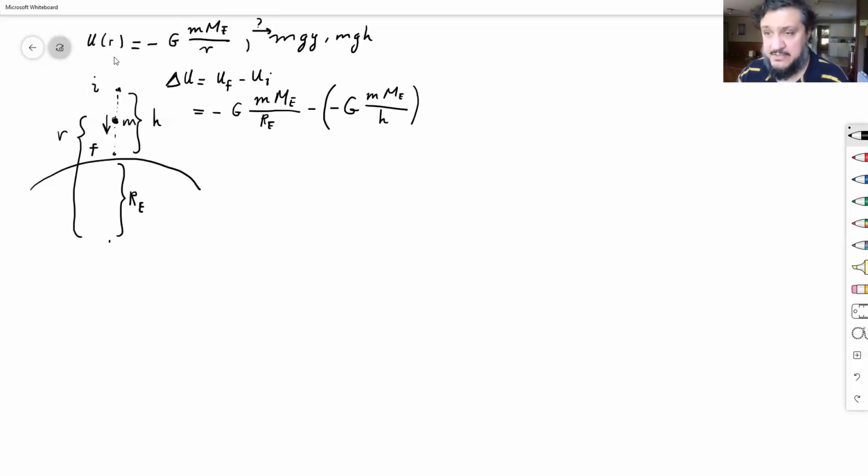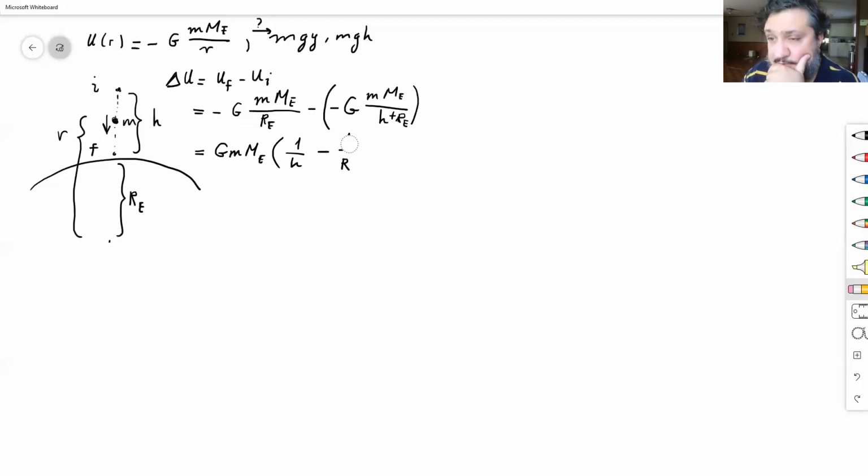All right, so let's simplify it a little bit by first factoring out G, M, and capital M. So we have 1 over H minus 1 over, okay, I made a mistake here. It's not H, but it is H plus RE, sorry. We're measuring from the center of the Earth, remember?